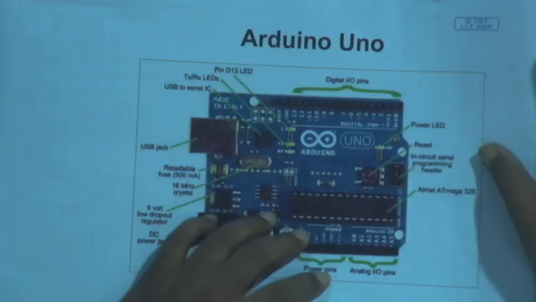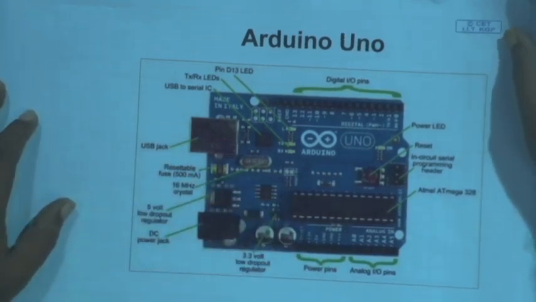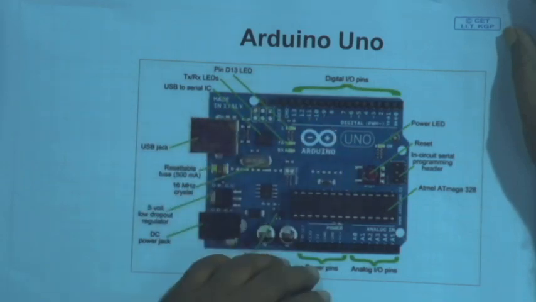So, good morning. We are discussing the microcontroller board Arduino Uno. We have seen several features of this board, where we have the analog pins and digital I/O pins, and we have analog commands for analog write and analog read.